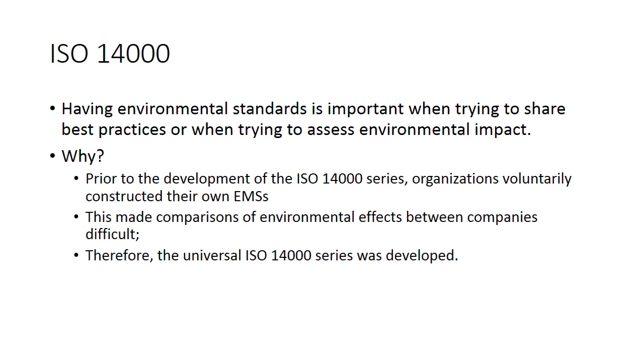So environmental effects between companies were not comparable because the environmental management systems were very different between them. Therefore, the universal ISO 14000 family was developed, and this eliminated the problem of not being able to compare environmental effects between companies.